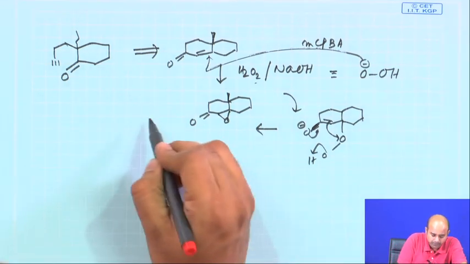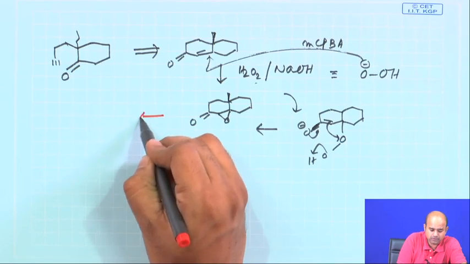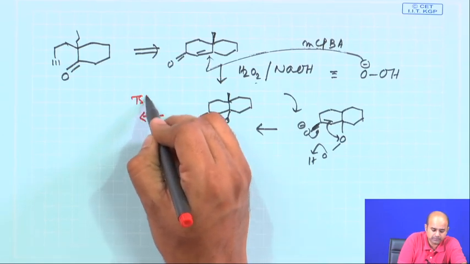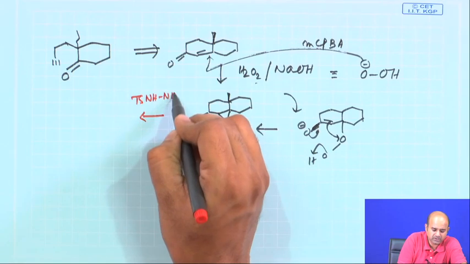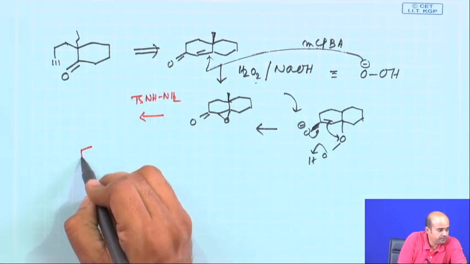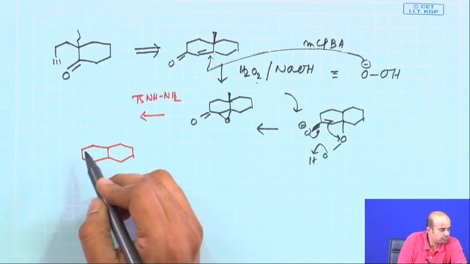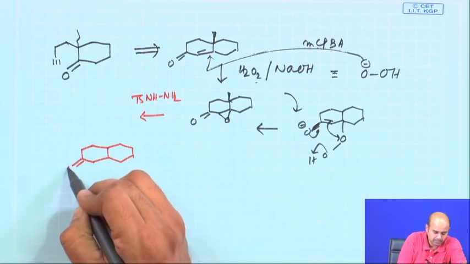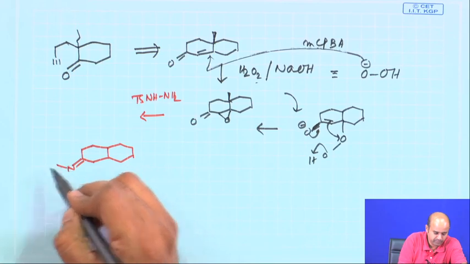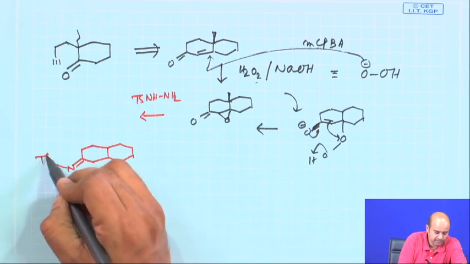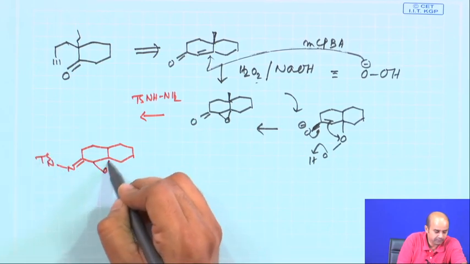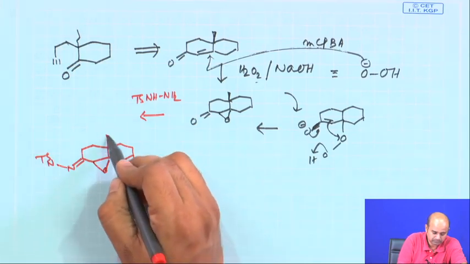Now, subject this compound to react with tosyl hydrazine, NH2, and you will basically get a double bond, NTs, the epoxide is here. Okay.